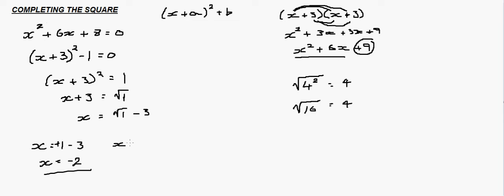Now if I take the root of 1 as being minus 1, I would have minus 1 minus 3. So x would equal minus 4. Because it's a quadratic, I usually expect there to be what we call 2 real roots. Sometimes you'll get 1 real root. It is possible to get no real roots, but at GCSE this doesn't happen.